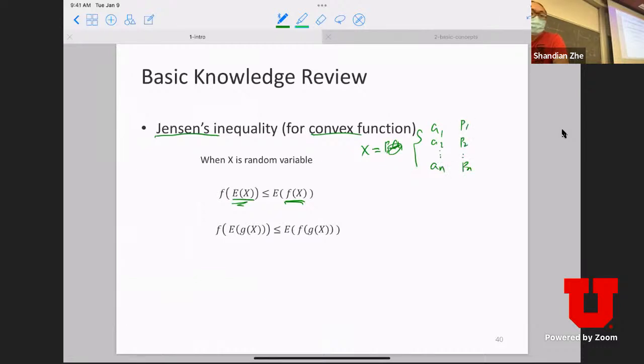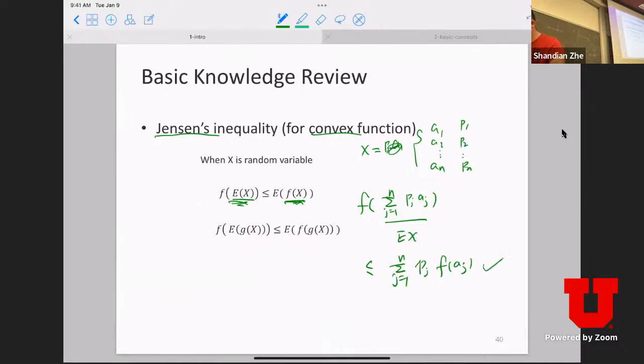So the expectation of x will be a summation over these n points weighted by the corresponding probability, sum of pj aj. But this is less than or equal to taking each possible value that x can take, applying f, and then taking expectation, which will be the summation from 1 to n of pj f of aj.